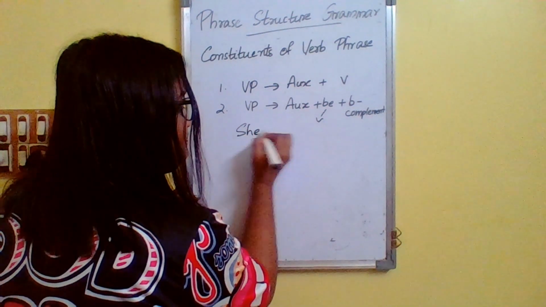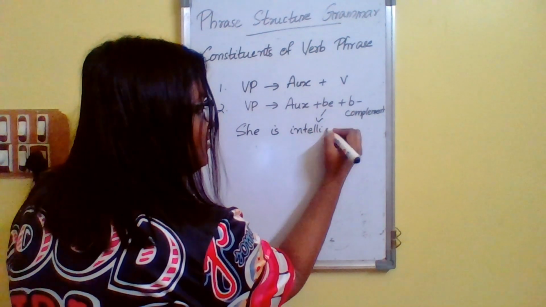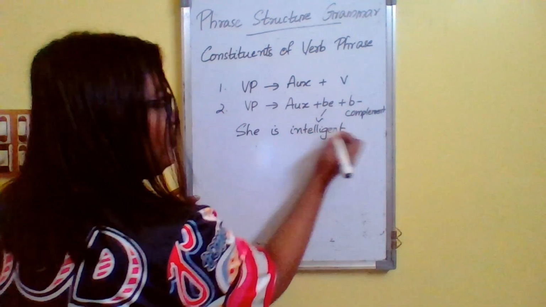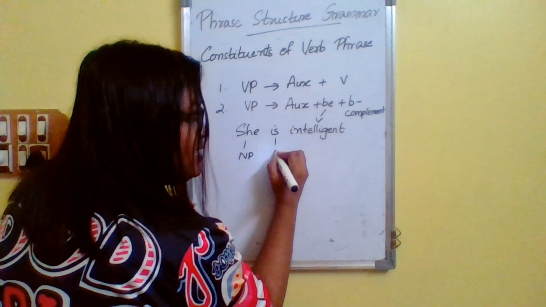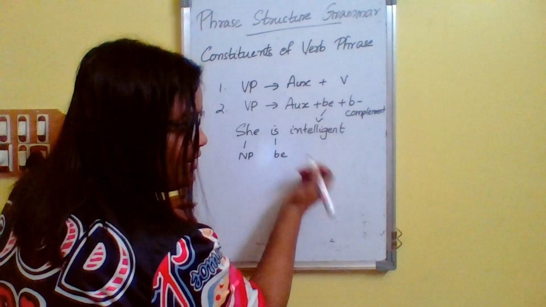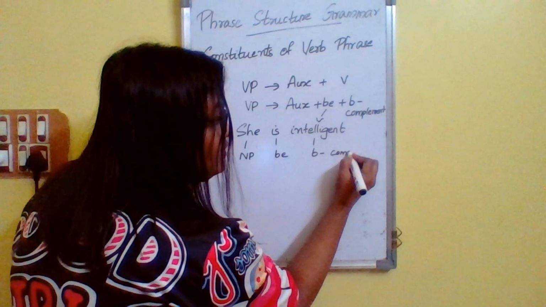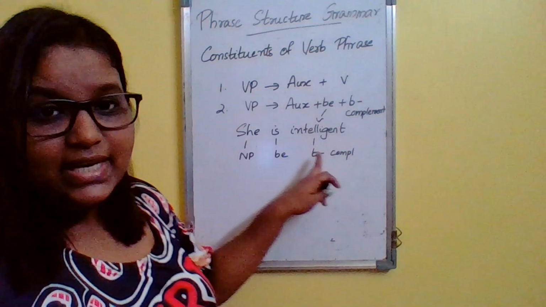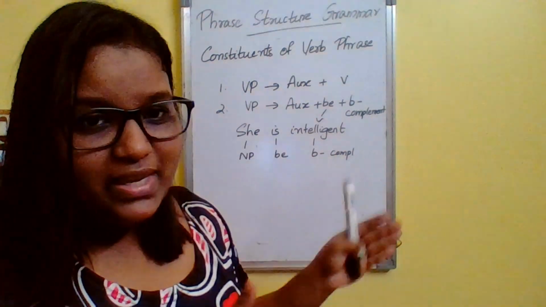She is intelligent. So here she is noun phrase, is be. There is an auxiliary there too, but we'll discuss that. And this is the be complement. Intelligent is the be complement because it complements the be.